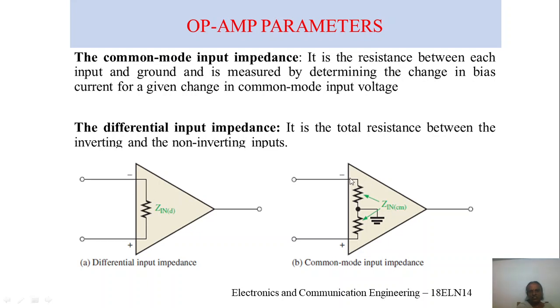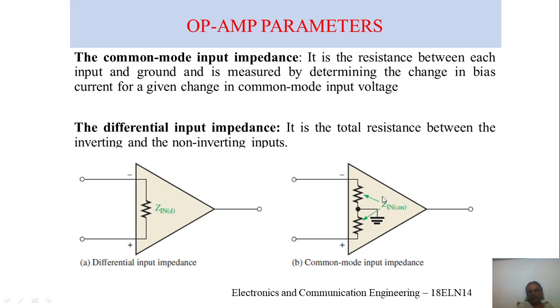Here the resistor is connected between each of the inputs and ground. See, this is the inverting terminal, pin number 2, and the non-inverting terminal. Even though the inputs are being given, there are two resistors connected to the respective terminals, and the common point between these two resistors is grounded, and that gives the common mode input impedance.